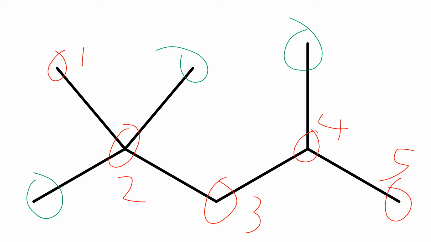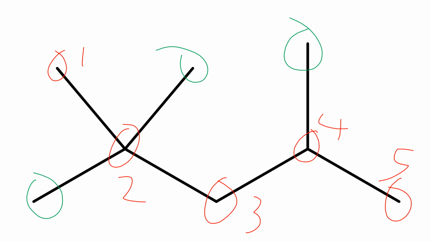You want to keep your numbers for locations to be as low as you can. So we're going to stick with this numbering because we want to indicate that there are some methyls coming off of the 2 position and the 4 position. If we did it the other way around, they would be coming off at the 2 position and the 4 position as well, but you'd have 2 at the 4 position rather than 2 at the 2 position, and we want to keep all of the numbers as low as possible.